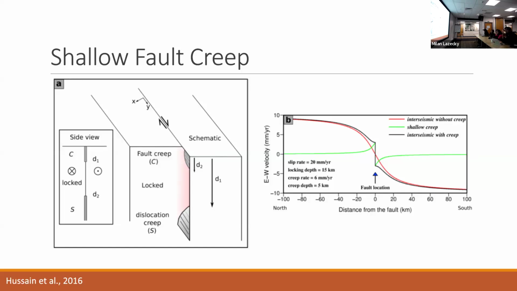It may be able to accommodate that by slipping freely without generating earthquakes. So we need to account for that in the model. So you have your slip rate and your locking depth, S and D1, and then your creep rate and your creep depth, C and D2. So it's just some extra parameters.